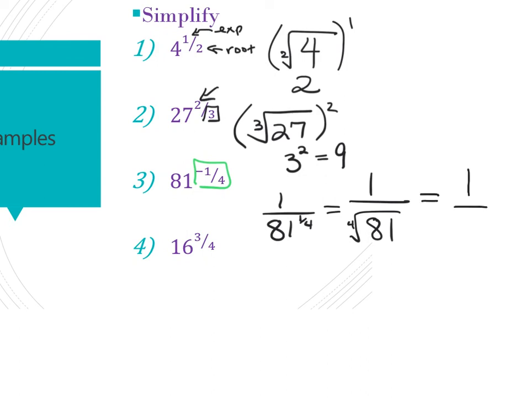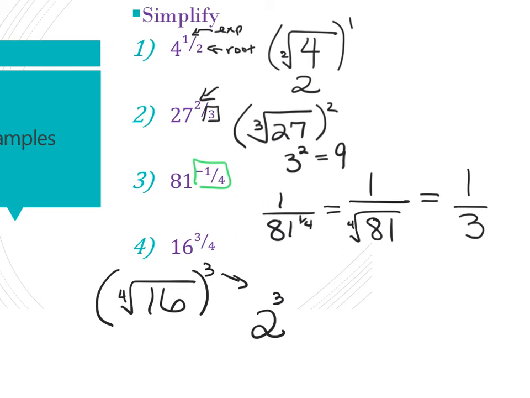And that's going to be 3. With 16, the root is 4. The exponent is 3. I know that the fourth root of 16 is 2. And then I raise that to the power, and I get 8.